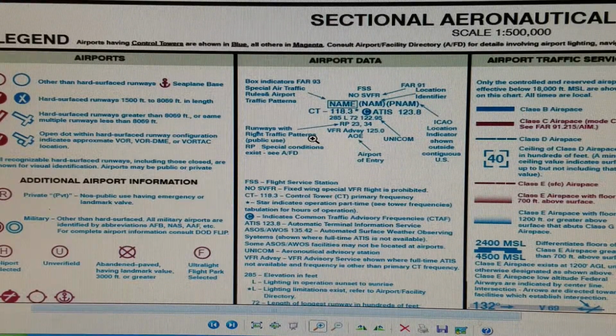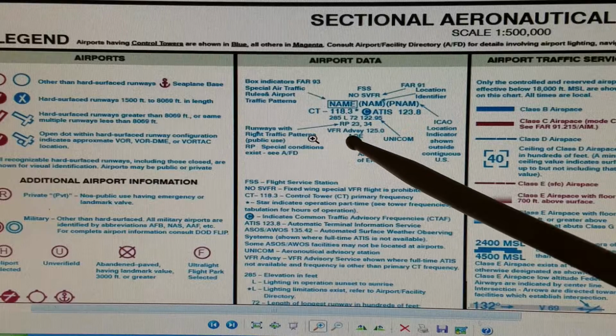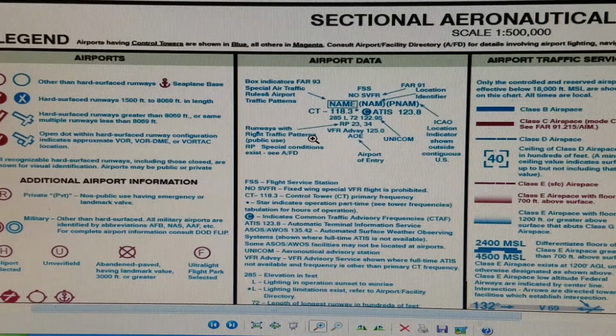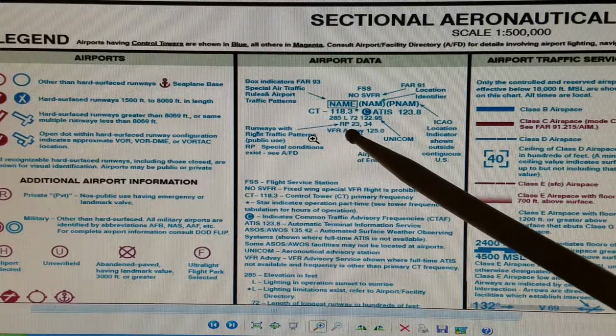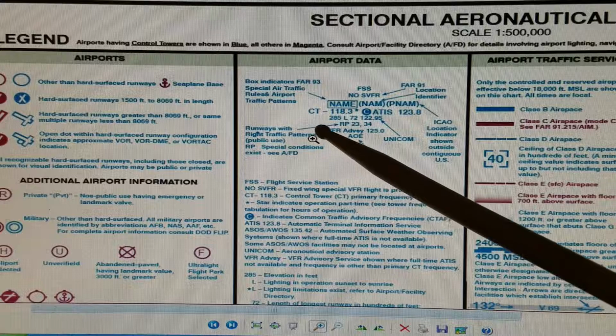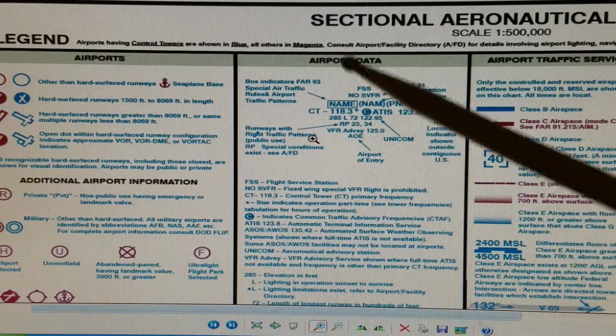But if it is right hand traffic pattern for any of the runways, you have RP over here, and the runways are marked. These are the two runways that are having right traffic pattern, that is runway 23 and runway 34.